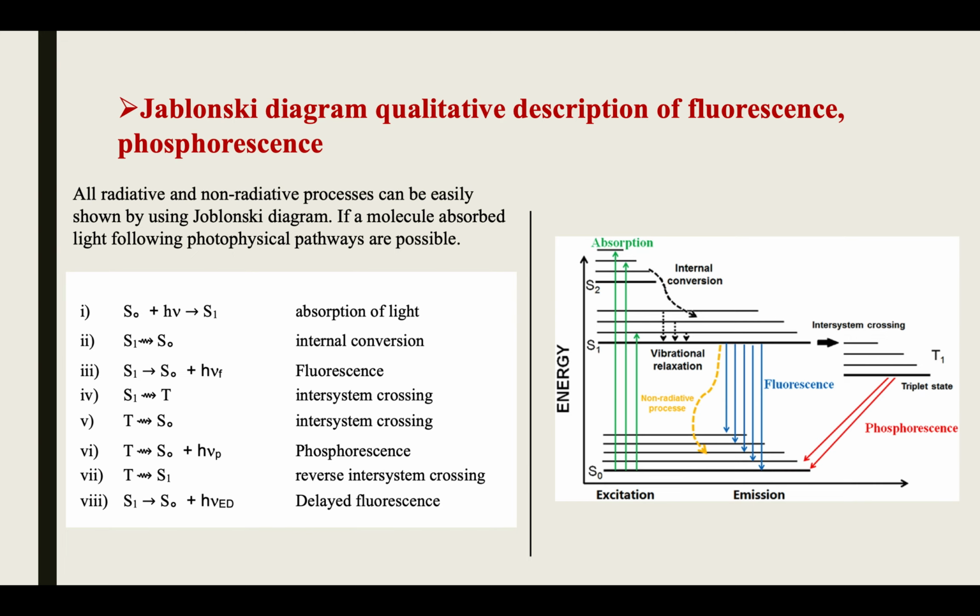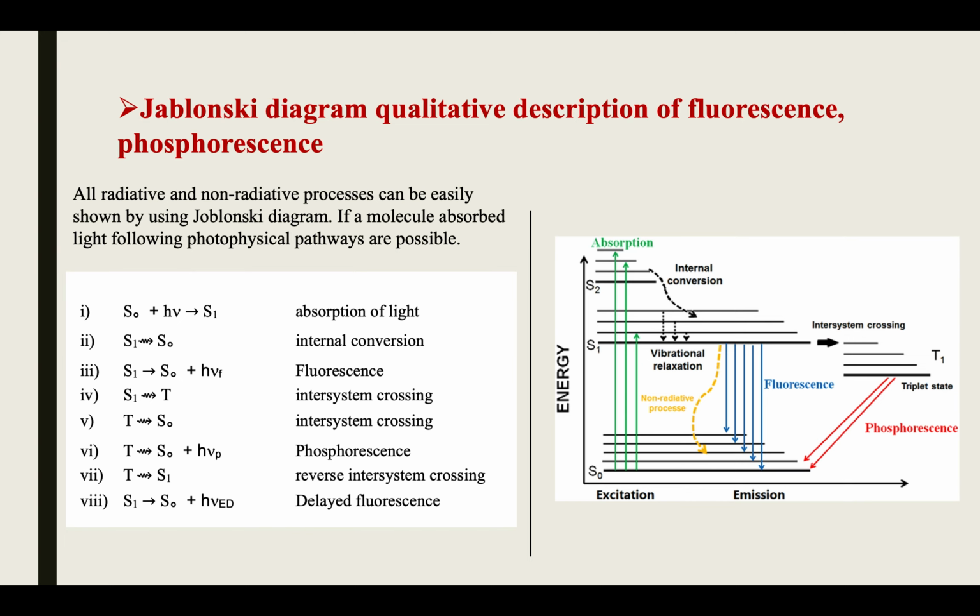The first process is absorption of light, that is transition from the S0 state to the S1 state or S2 state, that is singlet excited state. This only happens when absorption of light is taking place.